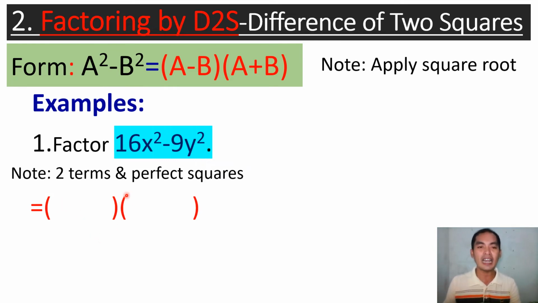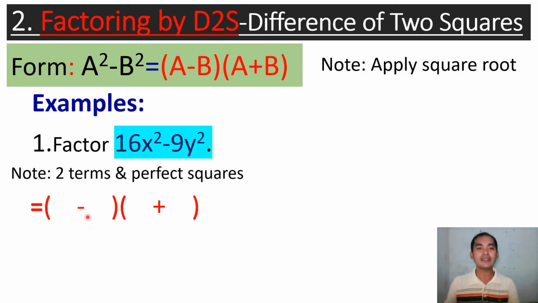Gagawa ka na ng dalawang factors by using the parentheses. And then first, get the square root of the first term, which is 16x squared. Square root is 4x. Square root of the second term, 9y squared, is 3y.